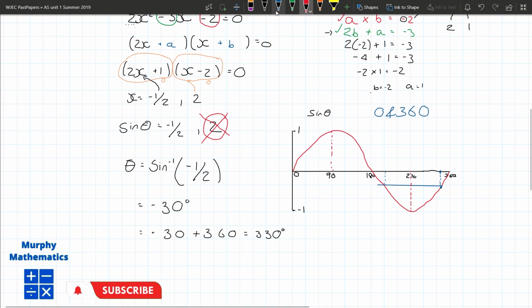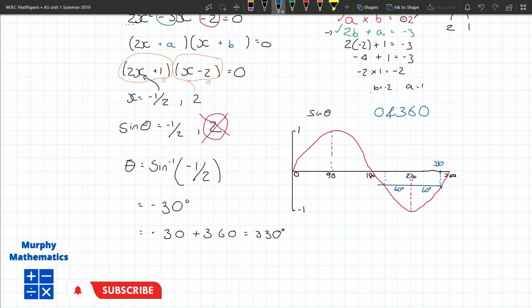So I know my point here is 330 degrees. And I know that from 270 to 330 is a 60 degree difference. So the difference between 330 and 270 is 60 degrees. And because I have a line of symmetry here at 270, I'm going to be 60 degrees going in the opposite direction.